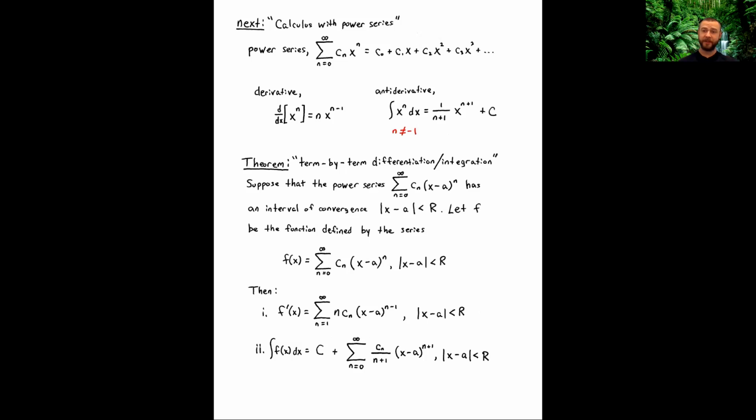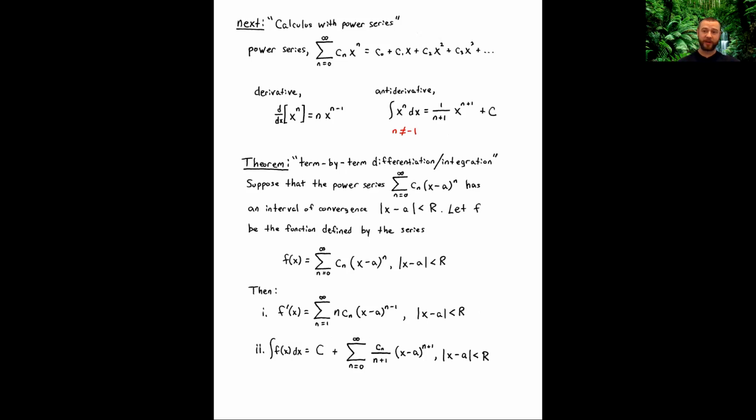The second result says something similar, but instead of differentiating the function f of x, we integrate. And notice on that right-hand side, the first thing we're including is the integration constant, the always forgotten plus C. And then we have the term-by-term integrated power series.